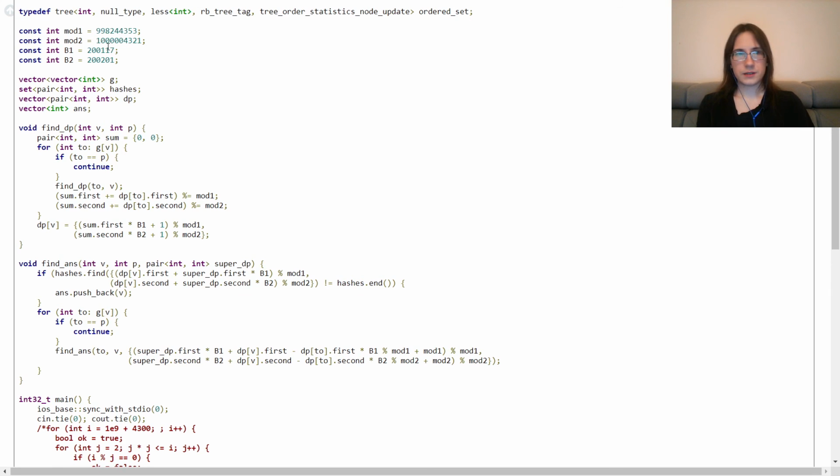For the base, I took some prime number greater than 200,000, because 200,000 is the largest frequency we can get. Of course, I don't want my frequency to be larger than B. And another prime number larger than 200,000, I call it B2, and I will use it for the second hash.